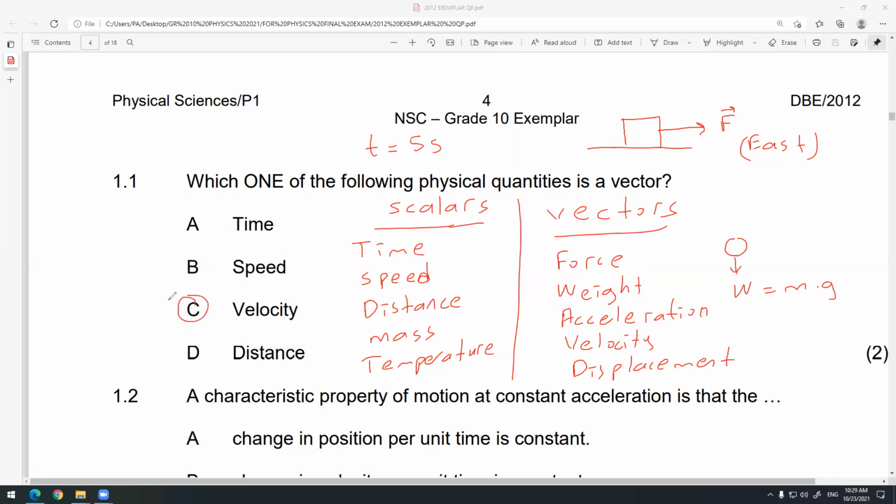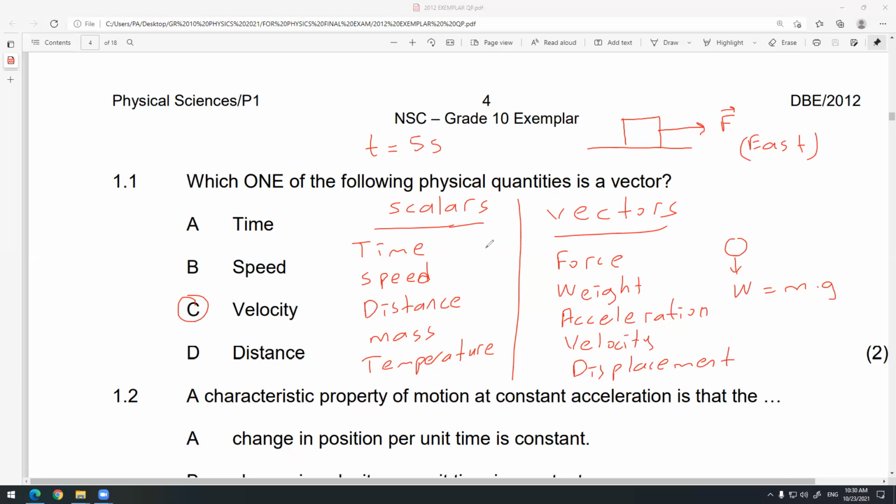All right. We are not just answering the question and carrying on. We are trying to explain to people what kinds of questions they can be asked next time, and how they are going to change these questions, so you are ready for them. We are learning from the question. That's the important point. If you know this list, you will give the correct answer to all these kinds of questions. Next time, maybe they are going to ask which one is scalar, or which one is not a vector.